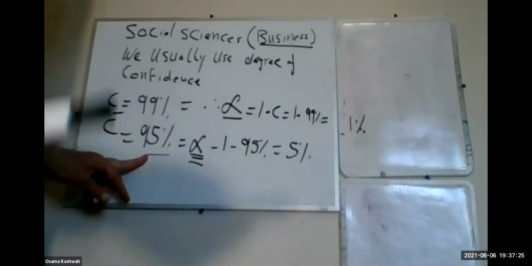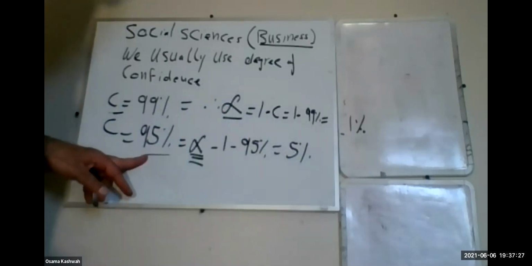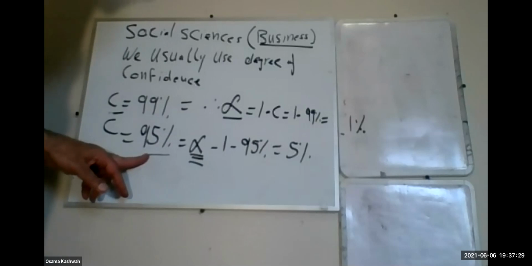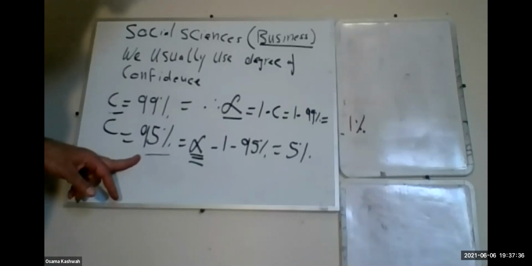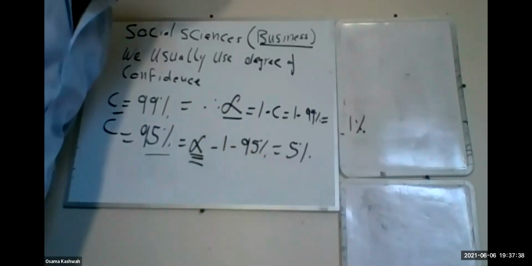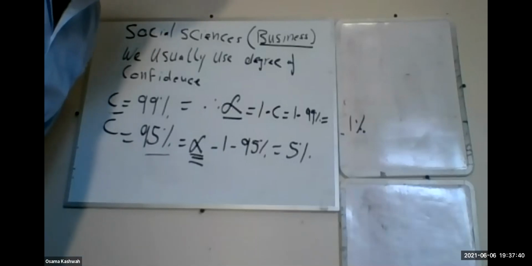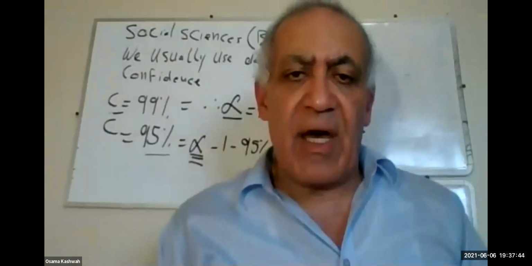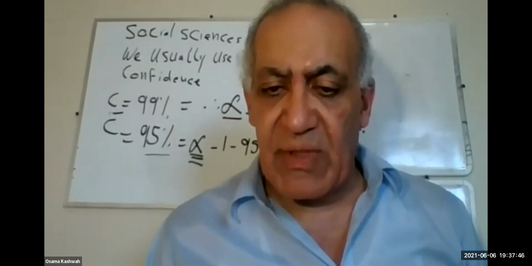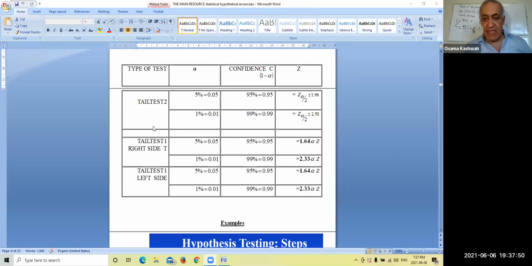With 95%, I'm sure that the vaccination of the COVID will give positive results to the people and will cure and treat them, or will prevent them from getting COVID. With 5%, I'm not sure if this vaccination will work or not. This is the meaning of the degree of confidence, and we will also check in the tables how to use it.